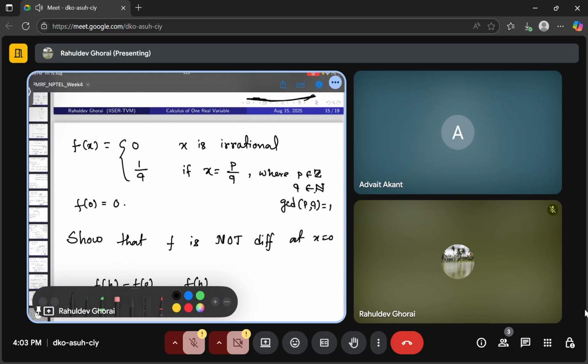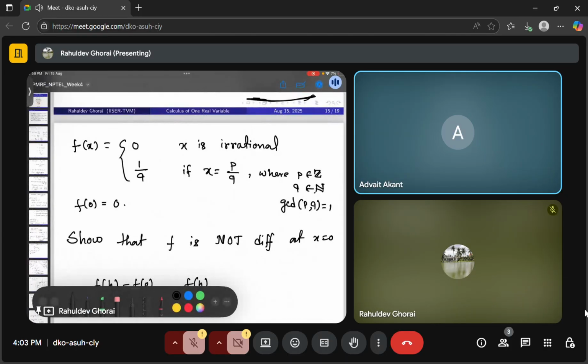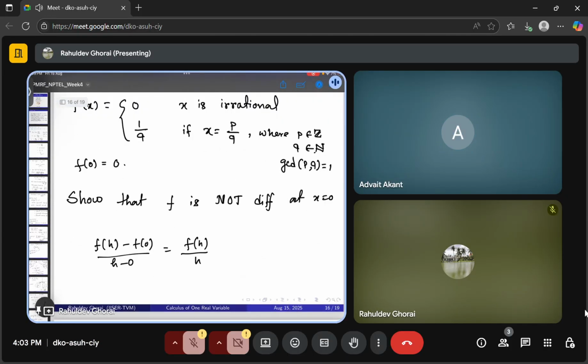P belongs to Z, because otherwise you cannot define this, right? No, it is not defined, because 0 is equal to 0 by 1. No, it is also equal to 0 by 2.